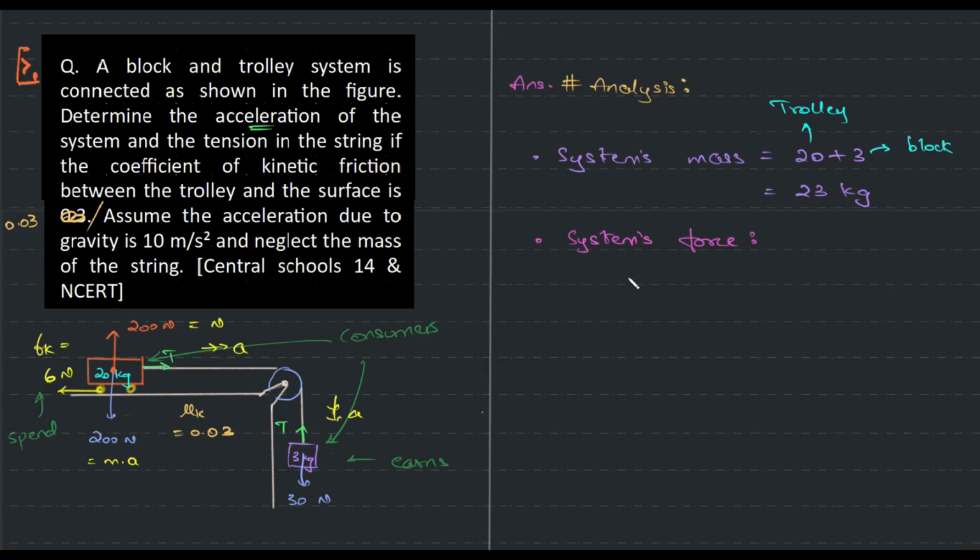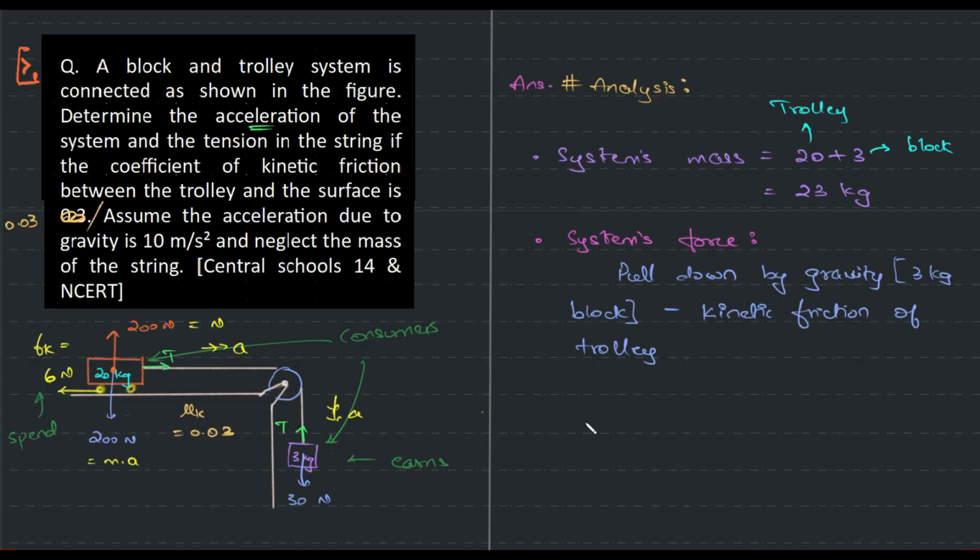System forces involve the pull down by gravity. So this is the 3 kg block minus the kinetic friction of the trolley.